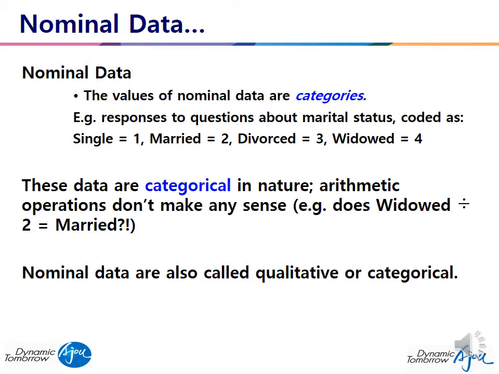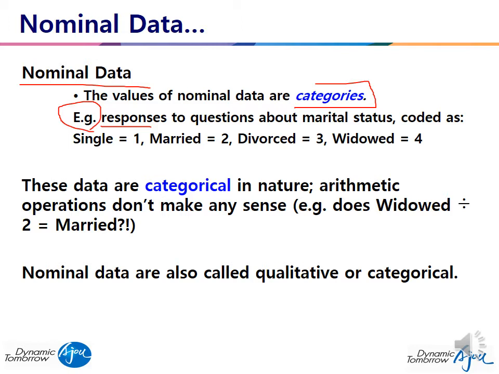Now, let's look at nominal data. The values of nominal data are categories. An example of nominal data is responses to a question about marital status.